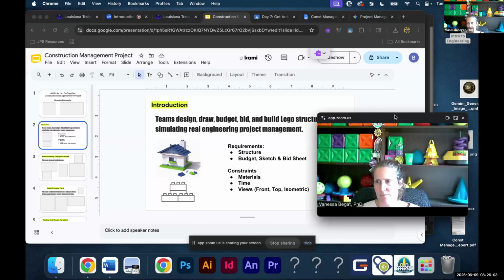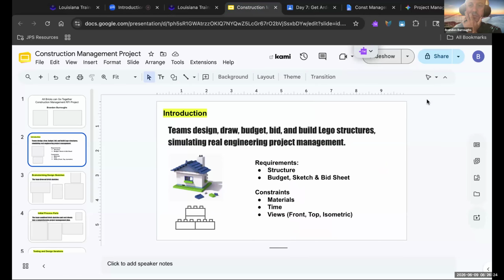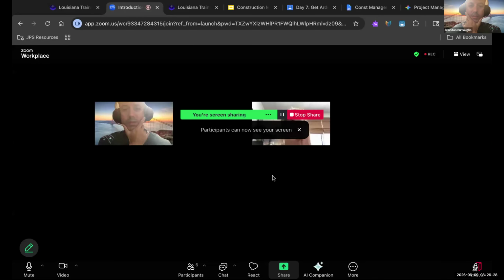Keep going back and forth between actual slideshow and the full screen. Let me change it to just the window.